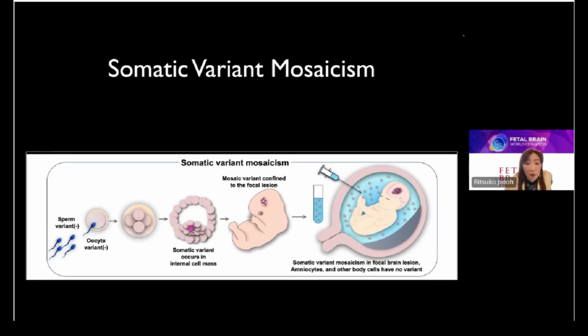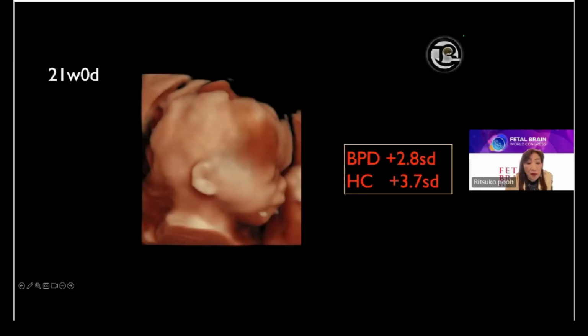So in the amniocentesis, there's no variant. However, in the brain, in a focal region, there is a mosaic variant confined to the focal region.